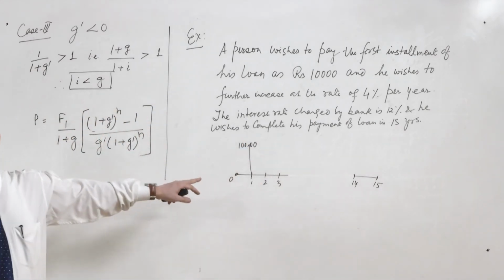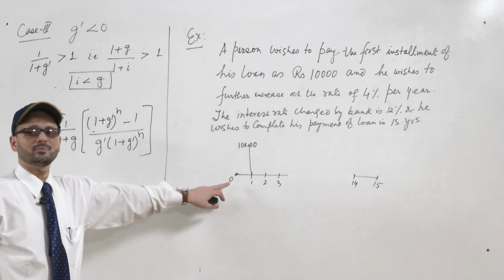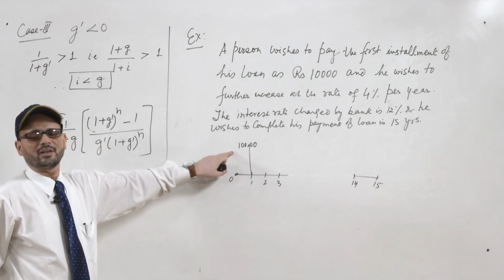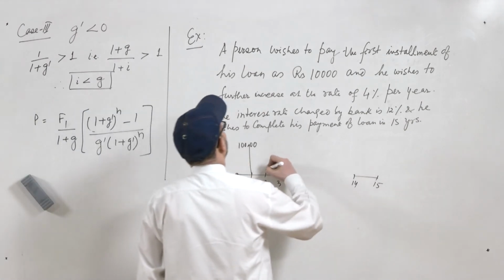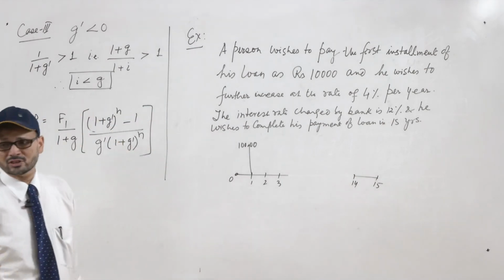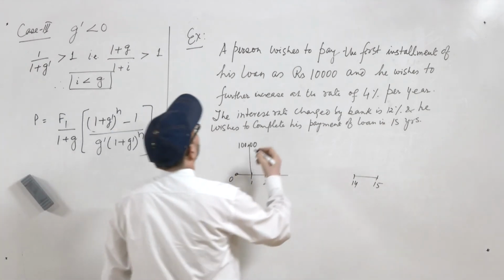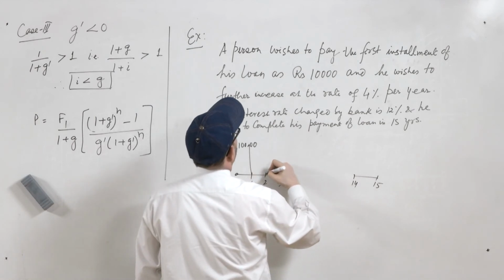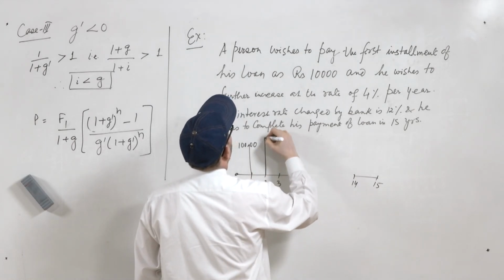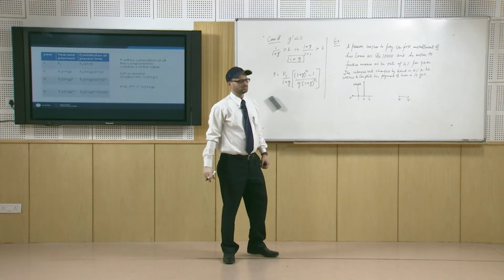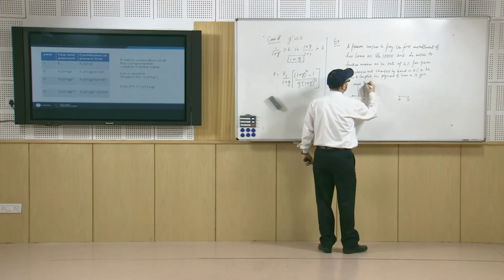If you look at it from the bank's perspective, the bank is gaining 10,000 rupees in the first year. In the second year the bank will get 4% increase. So, it will be 10,000 into 1.04, so 10,400.